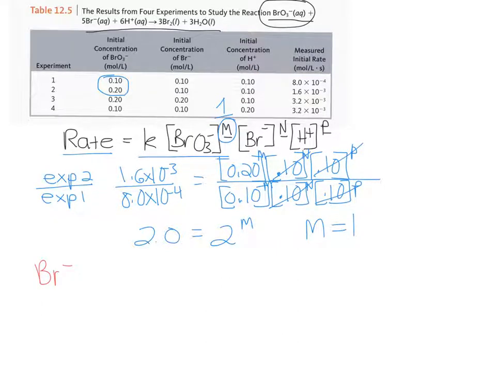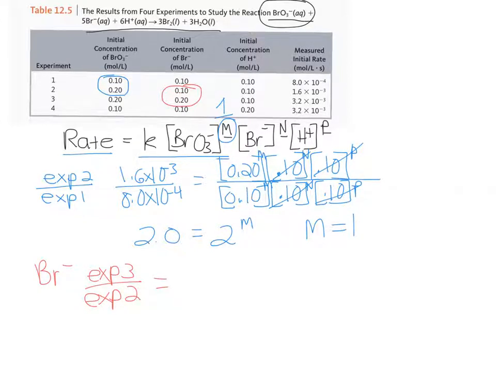So for Br, we want to find 2 experiments where just Br changed. So if we look at experiments 2 and 3, you'll see just Br changed on those. So I'm going to go ahead and set up the problem and solve. Doing experiment 3 on the top this time and dividing it by experiment 2.